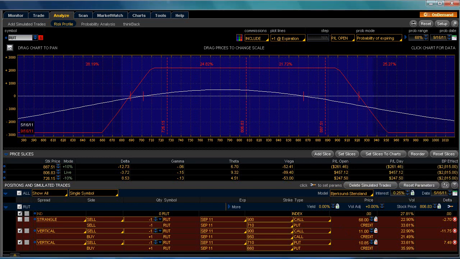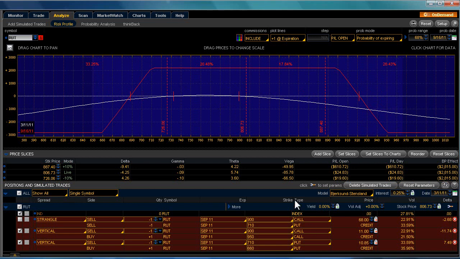And that's only if price is right here, right in this maximum profit zone. If you go out 2 months, you're at $595. Now, that's sort of increasing exponentially. Why is that happening? I click on this reset parameters button, and this brings me back to reality, which is today. Our theta on this trade, which is the amount of cash we are credited from the deterioration of the time value on our short options, is $5.74.